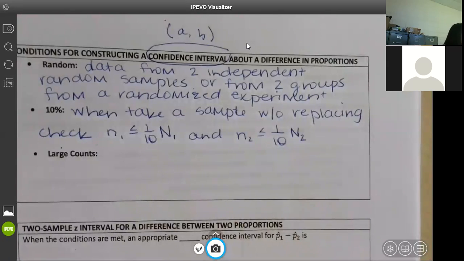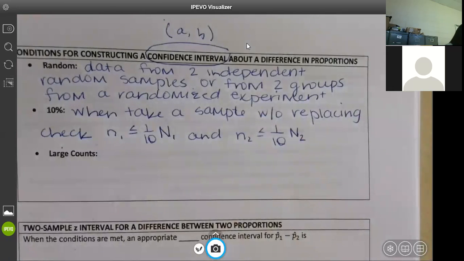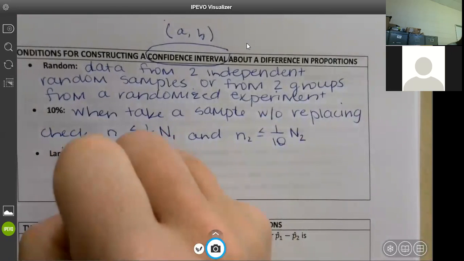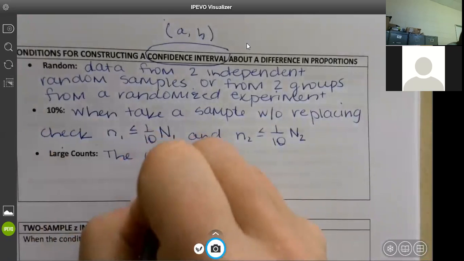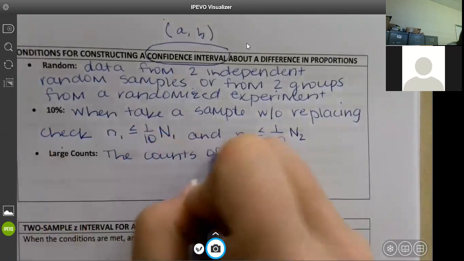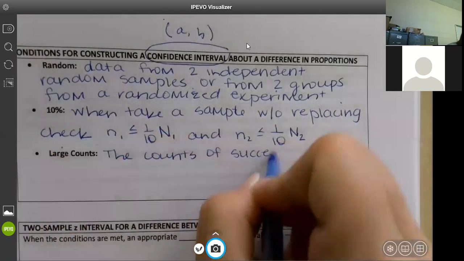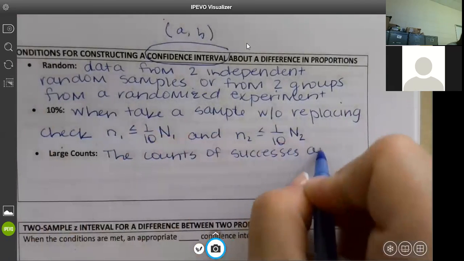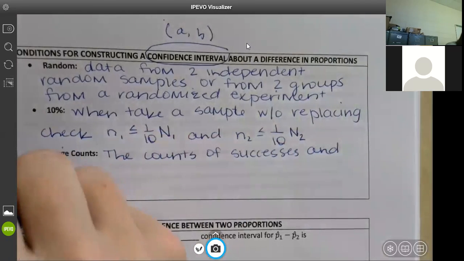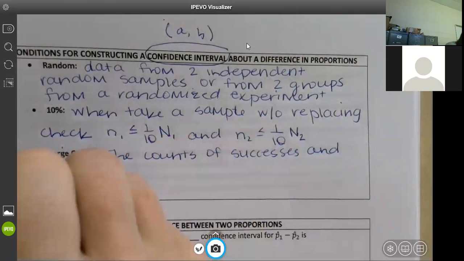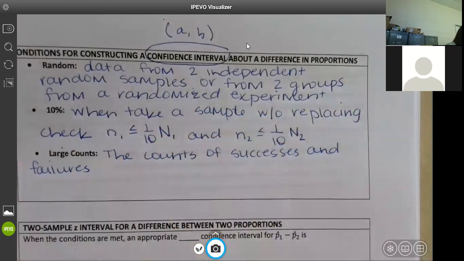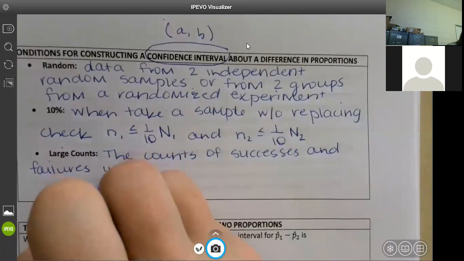And then your large counts, the counts of successes and failures in each sample or group.